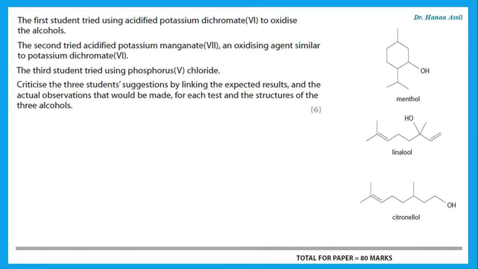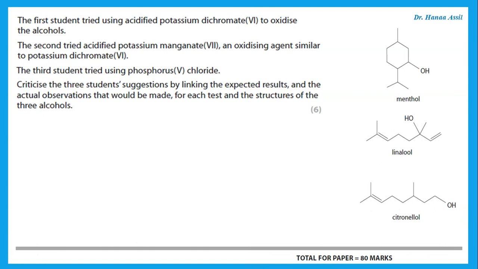So the first student tried using acidified potassium dichromate to oxidize the alcohols. The second tried acidified potassium manganate, an oxidizing agent similar to the potassium dichromate. The third student tried using phosphorus pentachloride. Criticize the 3 students' suggestions by linking the expected results and the actual observations that would be made for each test and the structures of the 3 alcohols.